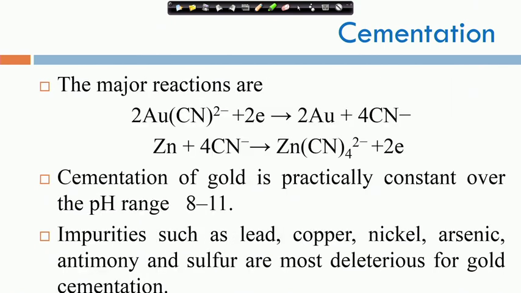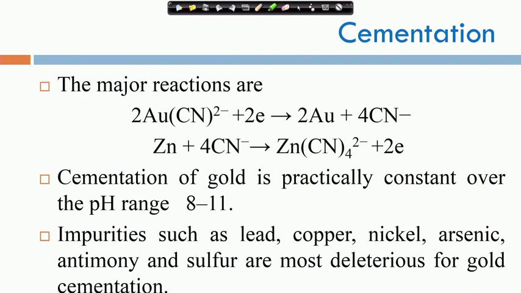The major reaction here is that we have gold with the cyanide complex. As you can see in the first reaction, the gold cyanide complex is there, and then you add zinc, so you basically have a reaction where it gets further reduced, the gold gets separated from cyanide, giving the cyanide ion, and then the zinc reacts with the cyanide ion and makes zinc cyanide. That's how the process works.